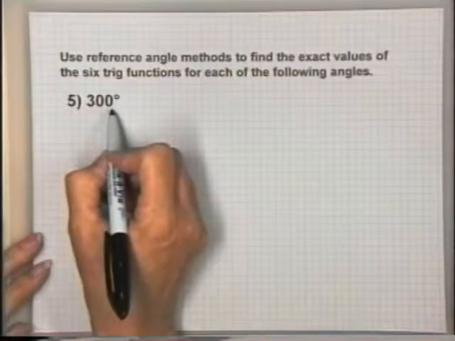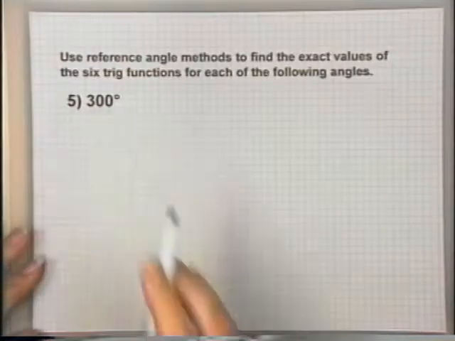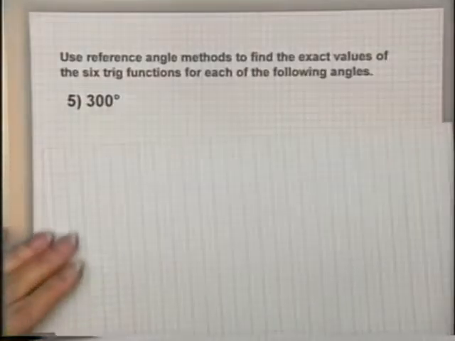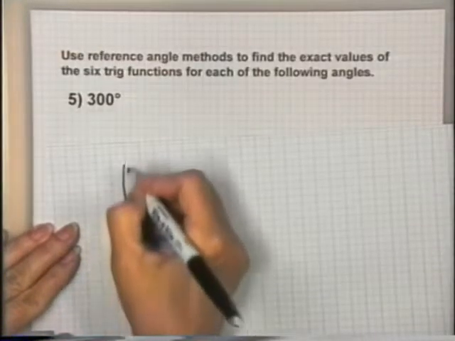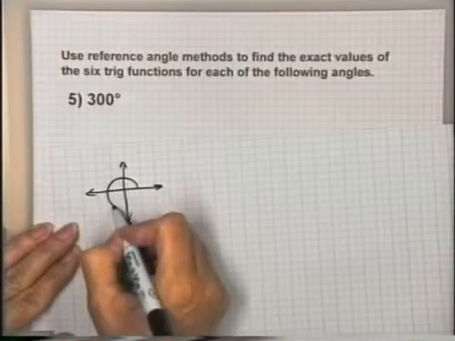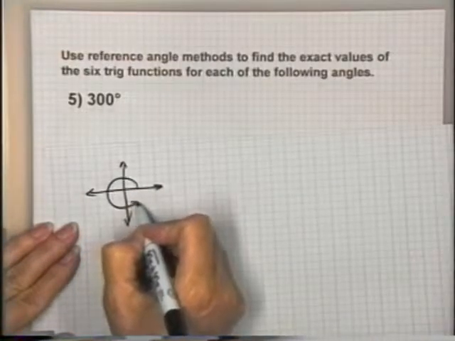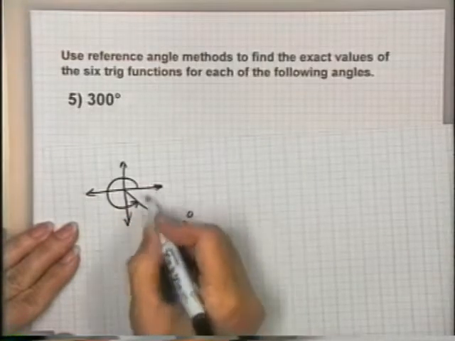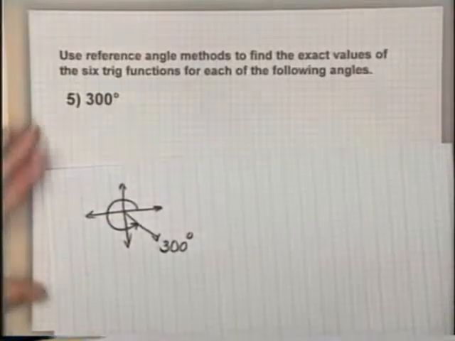We have to know what quadrant the terminal side of 300 degrees is in. If we need to draw a sketch, 300 would be between 270 and 360, so it's a fourth quadrant angle.